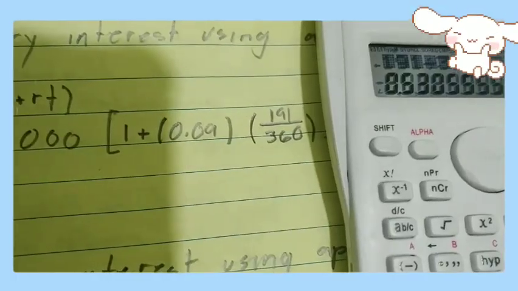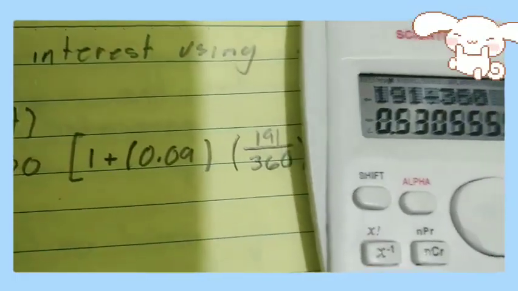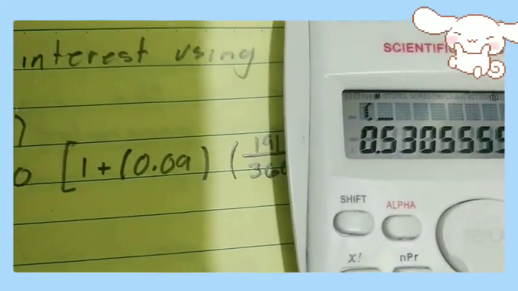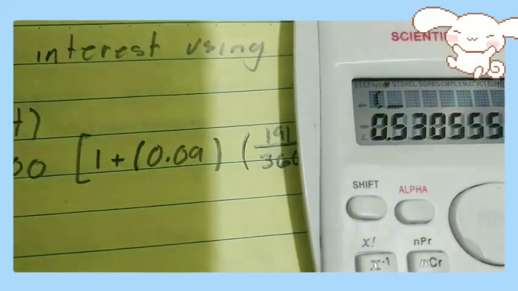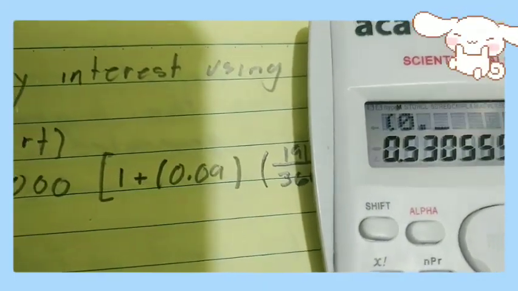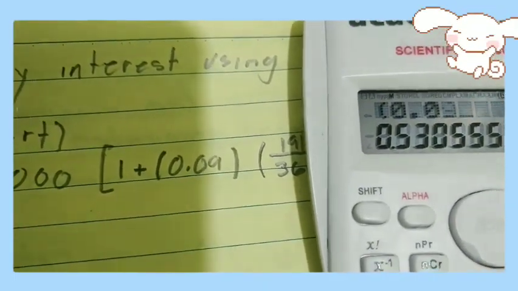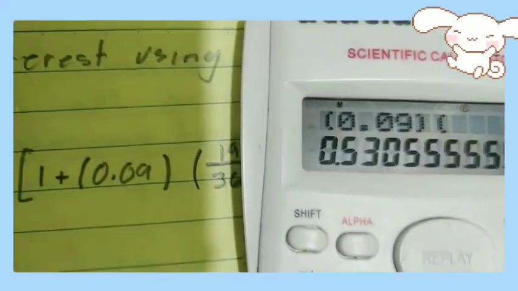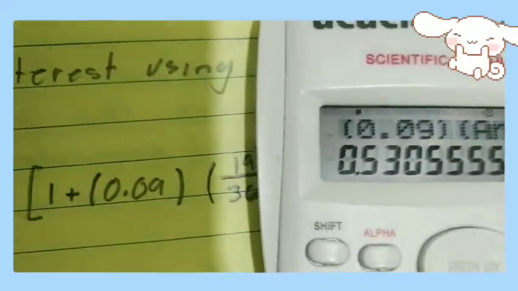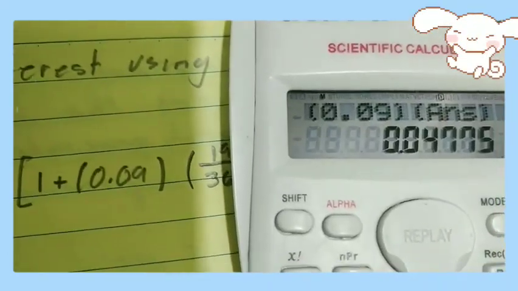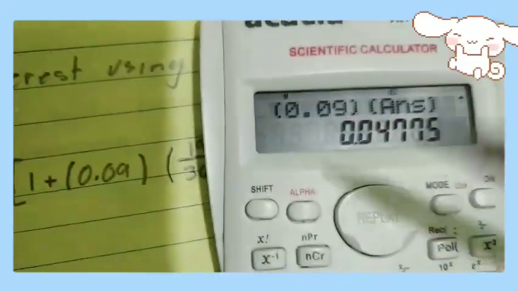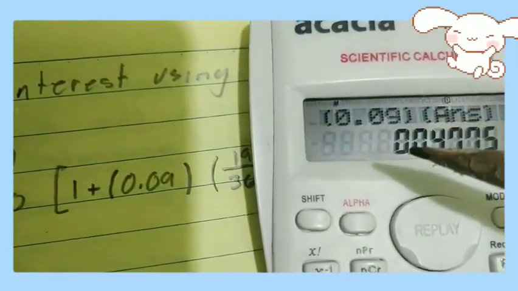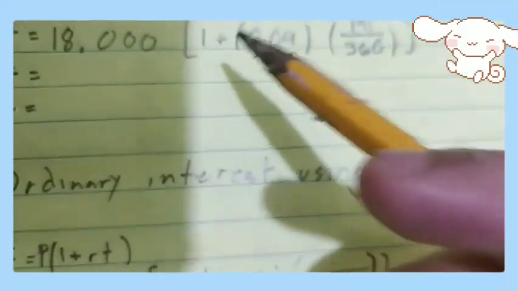Then you have to quickly press close parenthesis, 0.09, since that's our rate, and answer equals. And you will have to add 1 here, since it has a plus 1.